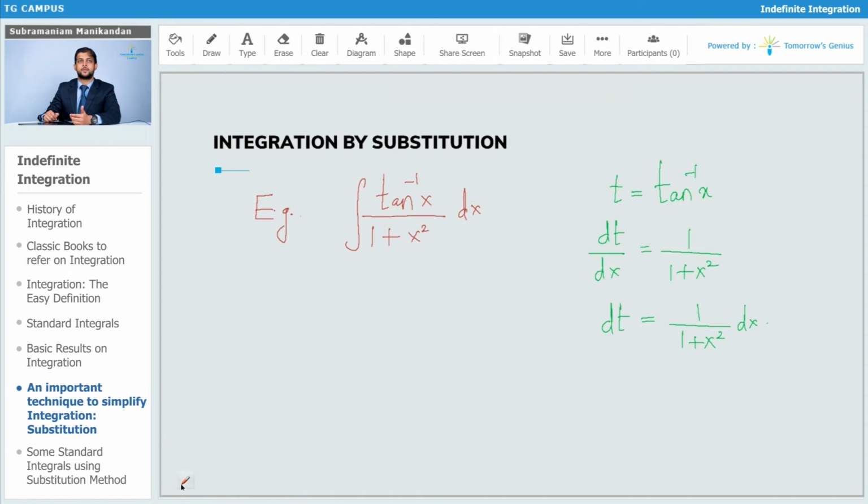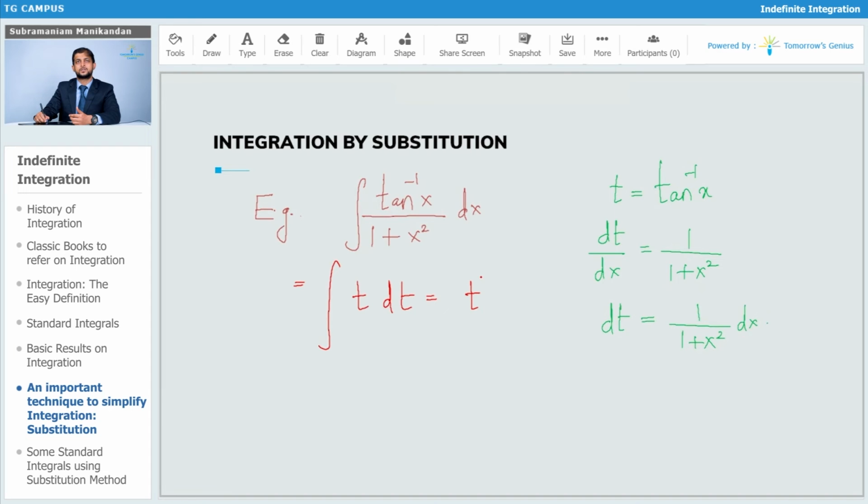And so therefore, if we make this substitution onto the original function, we'll get integration of t times dx by 1 plus x square, which is dt. So this equals integration of t to the power 1.